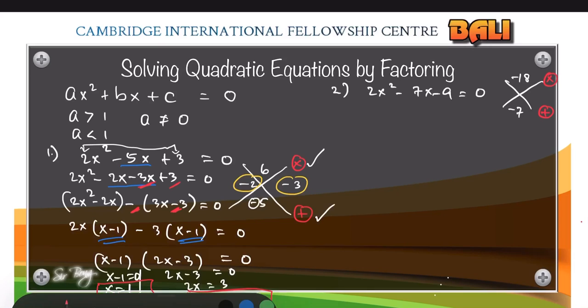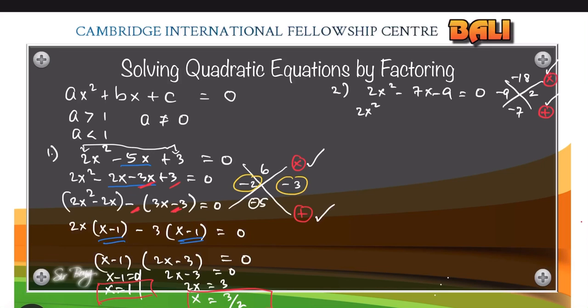It's negative 9 and positive 2. To check if your factors are correct, negative 9 times 2 is negative 18, check. Then negative 9 plus 2 is negative 7, check. Then write the two factors now.